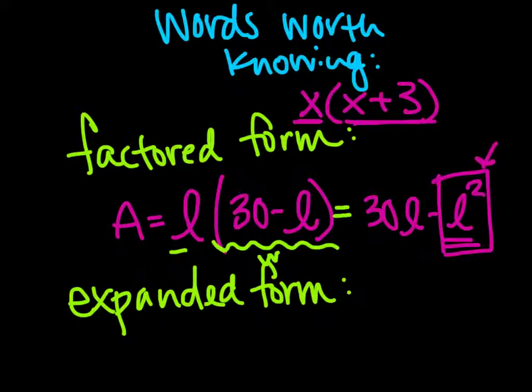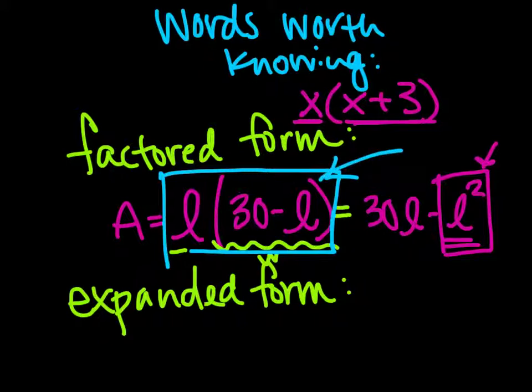But factored form is this form, where we have two statements multiplying each other. So we have L being one simple statement, that is simply the length, and 30 minus L being the width. And those two statements multiplied together get us the area.